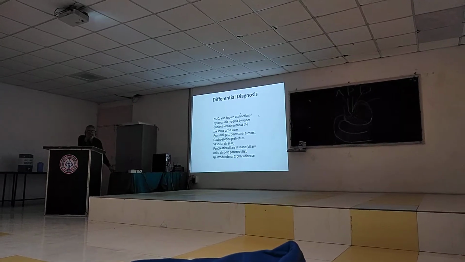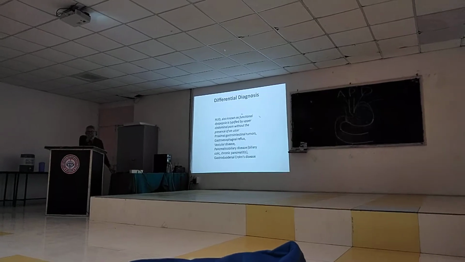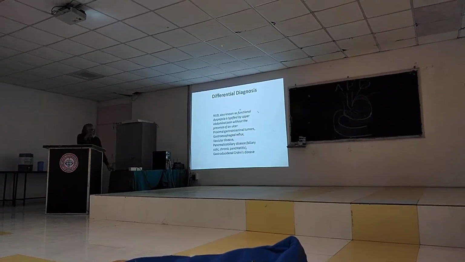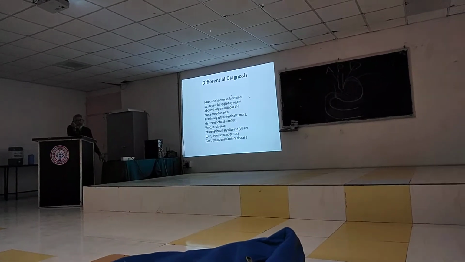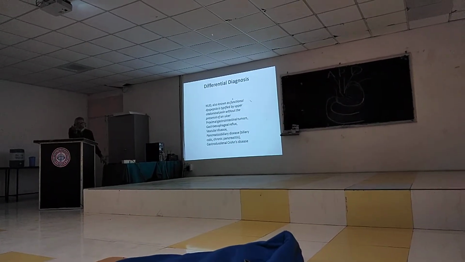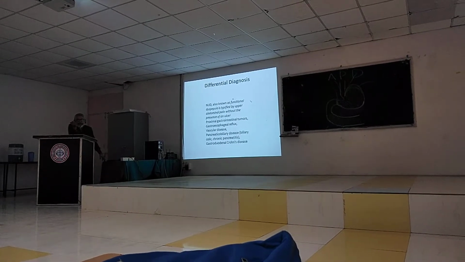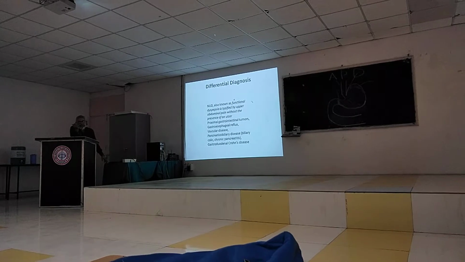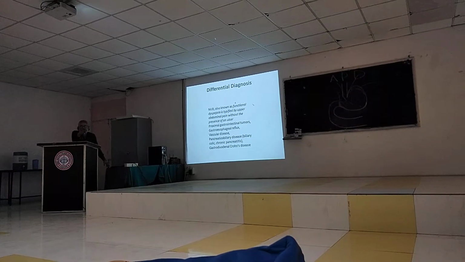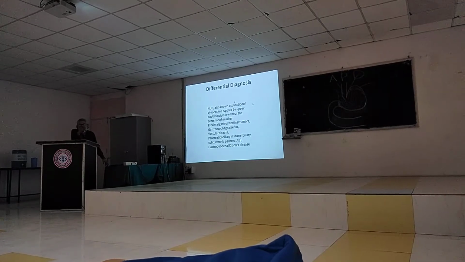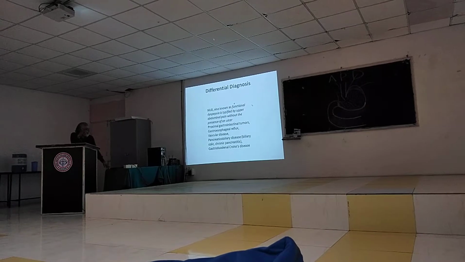The differential diagnosis of peptic ulcer is non-ulcer, that is functional dyspepsia. Functional dyspepsia is where the functions are abnormal, but there is no organic cause. In peptic ulcer, we have discussed that there is an organic cause, that is ulceration. In functional dyspepsia, the patient would have a similar complaint, but there would not be a breach in the mucosal lining.